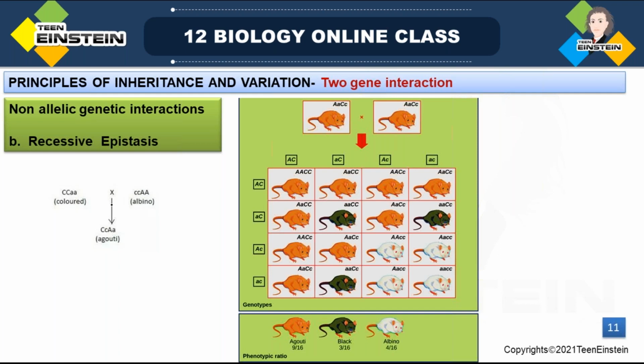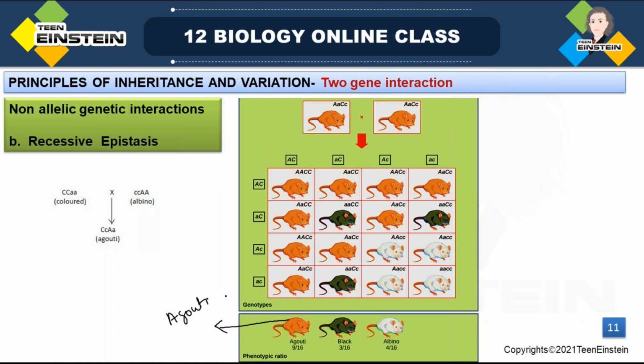In mice, what will happen here? In mice, the wild body color is called agouti. This is the wild color. This is agouti.